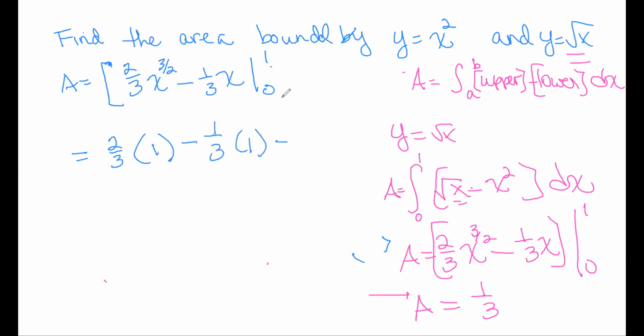And then you're going to plug in 0. But then you're going to have 0 here and 0 here. So you'll have minus, because you always subtract, and then minus nothing. So you end up with 2/3 minus 1/3, which gives you 1/3 for the area. All right, let's work on another example.